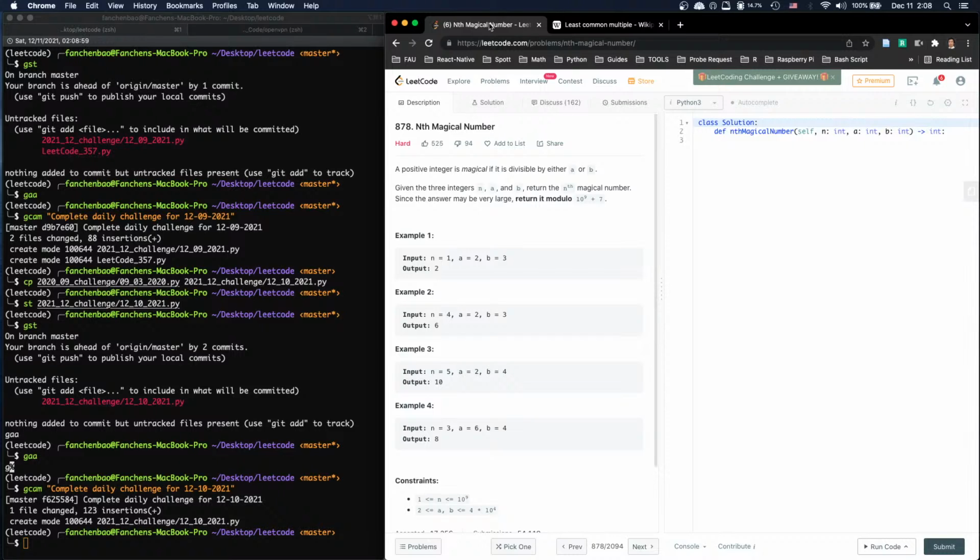So now we're talking about from 1 to n, right? And all we need to do is n times a divided by b, or n times a divided by the LCM of a and b.